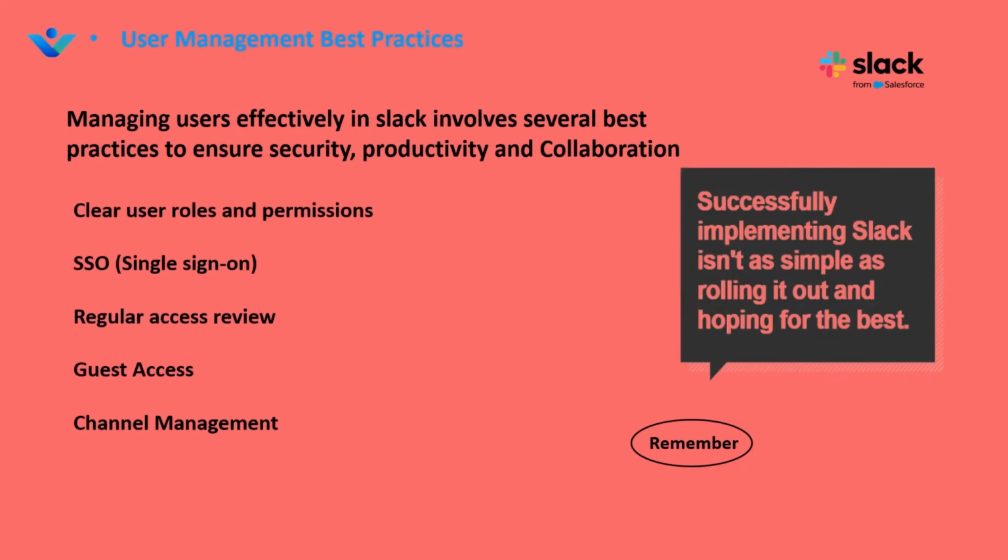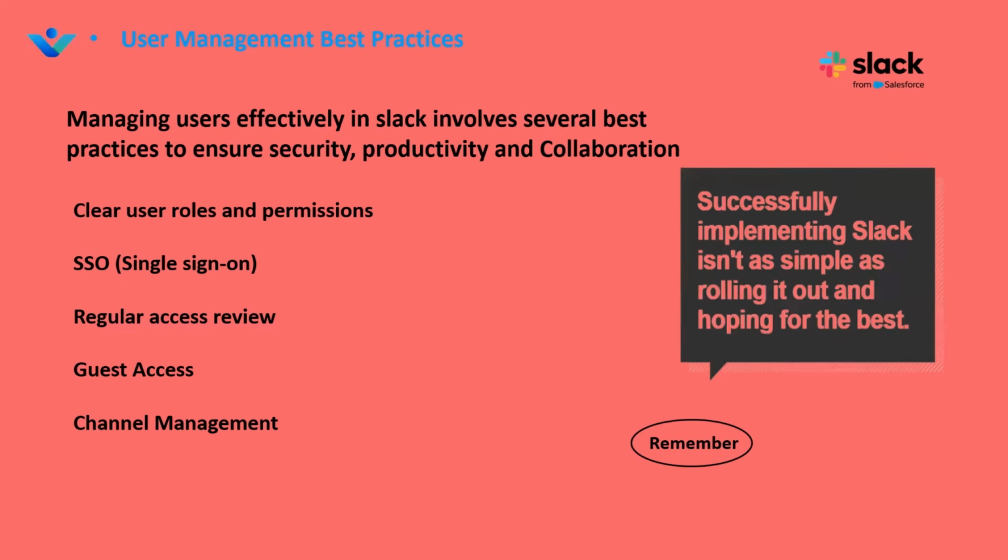Here we have some tips and tricks. First one is clear user roles and permissions. Aligned with responsibility and organizational needs, Slack offers different permission levels such as owner, admin, and member. Ensure that permissions are set appropriately to control access to sensitive information. Another one is SSO, popularly known as single sign-on.